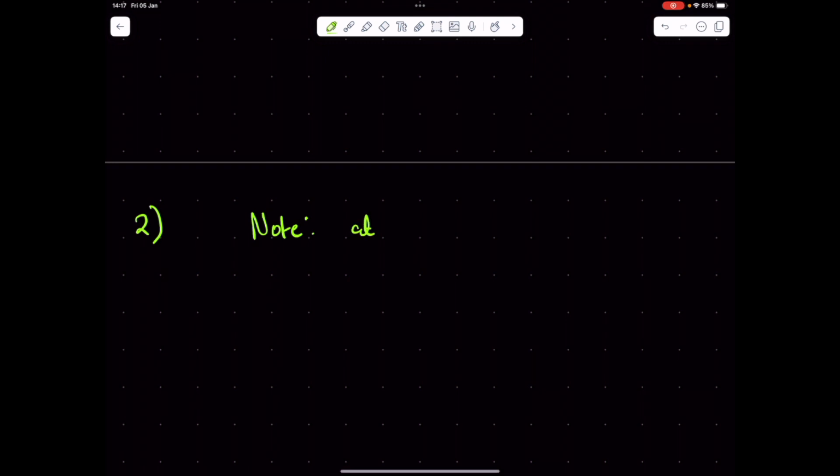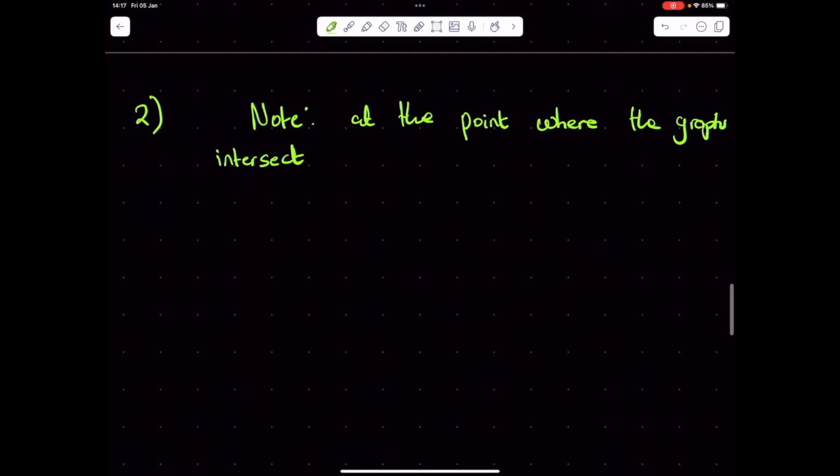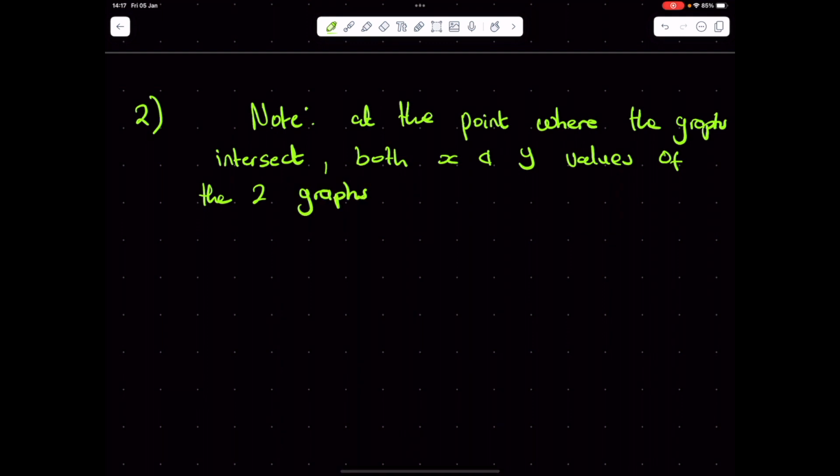At the point where the graphs intersect, both the x and y values of the two graphs are equal.